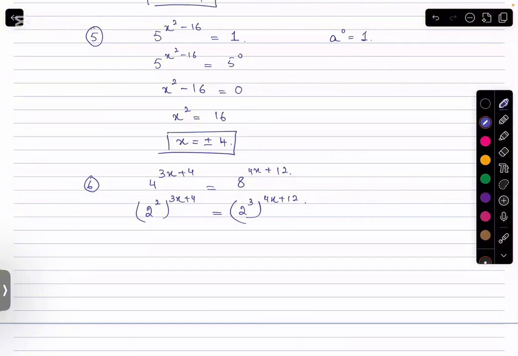What is going to be the next step? We'll multiply the power with another power, so that this becomes 6x plus 8, which is equal to 12x plus 36, right? Solve and give me the answer.